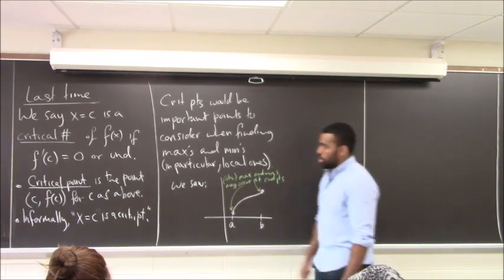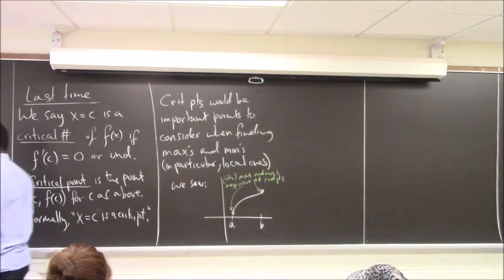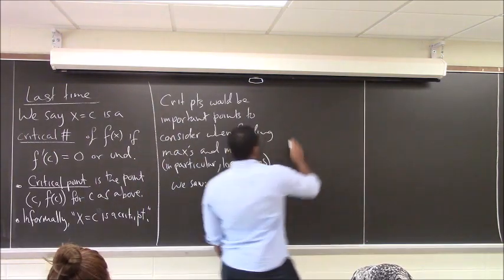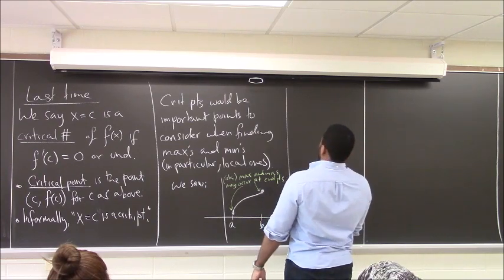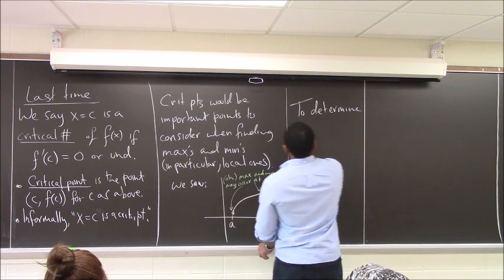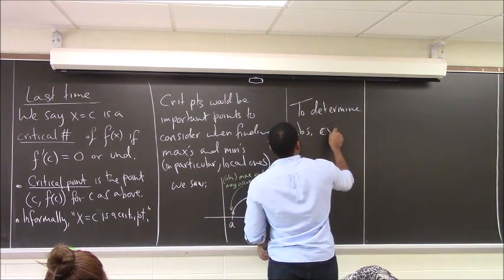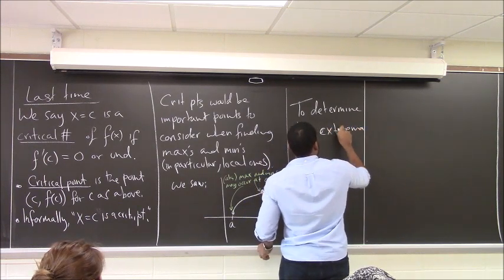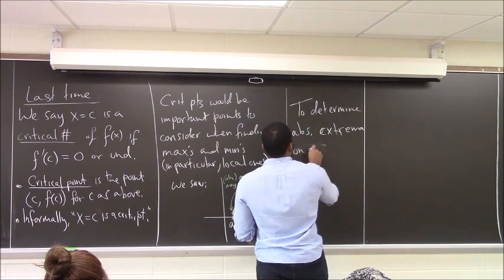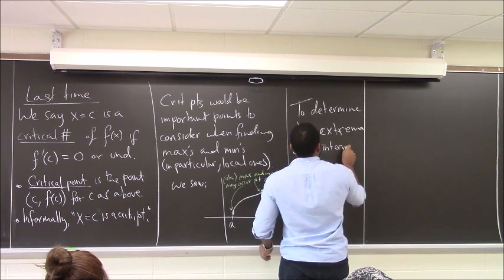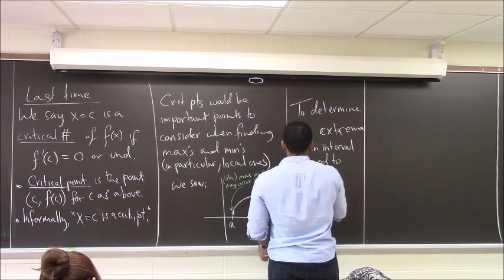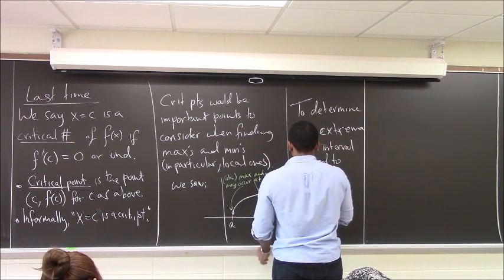So when we want to talk about absolute maximums and minimums on an interval, we have to do a little bit more than talk about the critical points. To determine absolute extrema, remember extrema is just one word that describes both maxes and mins, on an interval, we need to consider additional criteria.